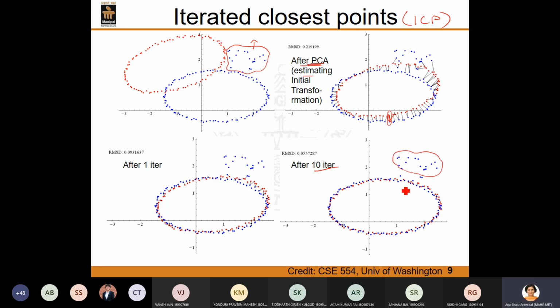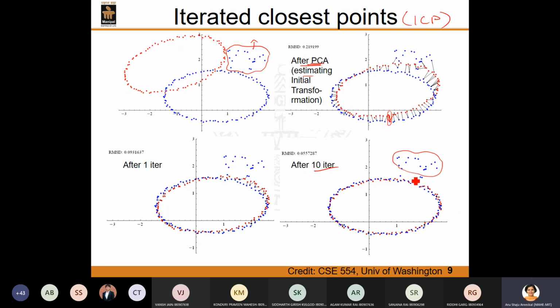So what the ICP does is, for each iteration, it tries to find the closest point, and it tries to minimize this distance. By minimizing that, we find a new estimate for the transformations, and for every iteration this keeps repeating, and finally what you get would be the aligned source and target set.